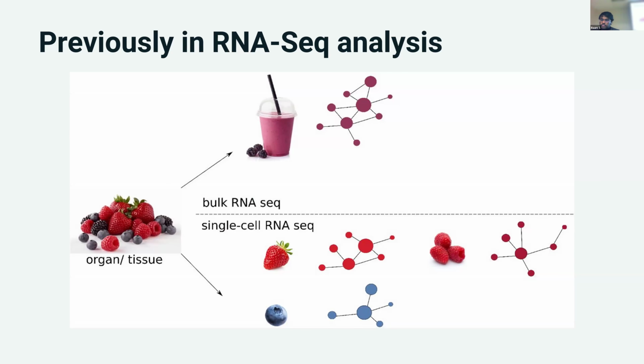Whereas for single-cell RNA-seq, instead of blending everything together, you arrange all the constituents separately, where each piece of fruit is distinct. So this analysis allows us to see the source of the signal and is useful in assessing cellular heterogeneity.